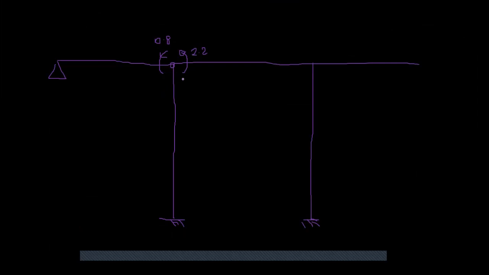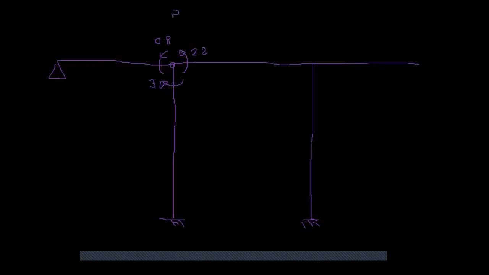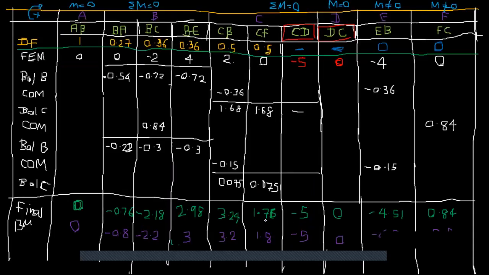So this should be clockwise 3, right? So at CB, it's 3.2 clockwise.